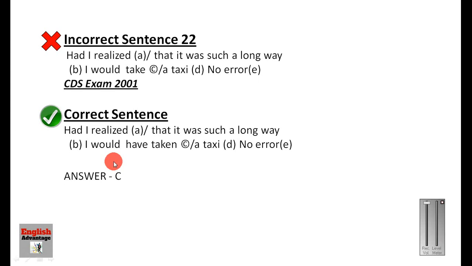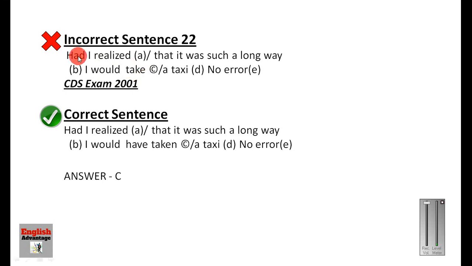Now let us see the next question. Had I realized that it was such a long way, I would take a taxi. Okay, so this "had" is always paired with "would have". Had and would have. So here "had" is correct, but you have to write "would have". And when you write "would have", you have to change it into "taken", because "have" is followed by the third form of the verb.